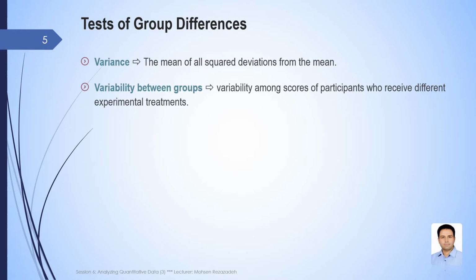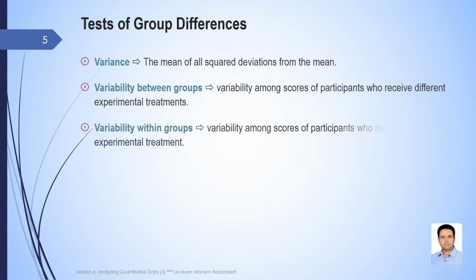Between groups variability is variability among scores of participants who receive different experimental treatments, while variability within groups is variability among scores of participants who receive the same experimental treatment.